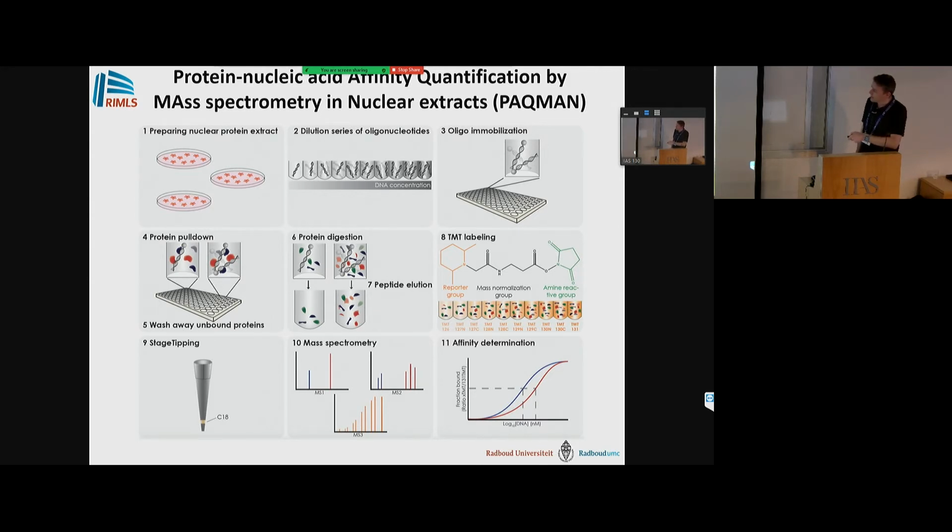These are then labeled with a mass tag that allows us to quantify the relative binding of proteins in these 10 reactions using quantitative mass spec. In the mass spec, we then see reporter ions appearing from the 10 reactions, and based on this, we can determine hill-like curves. But now we're generating dozens or hundreds of these curves in a single experiment, making use of nuclear extracts and using a concentration range of DNA.